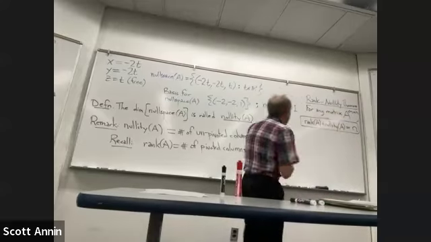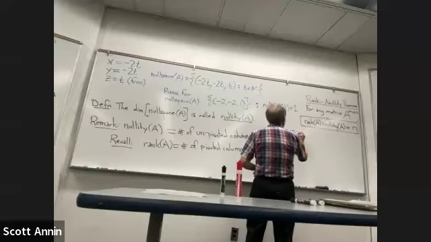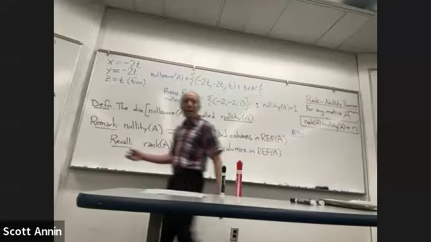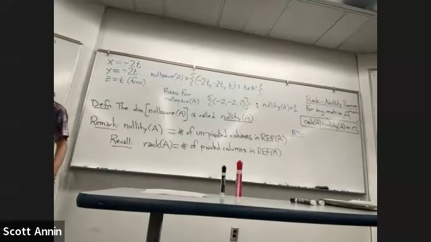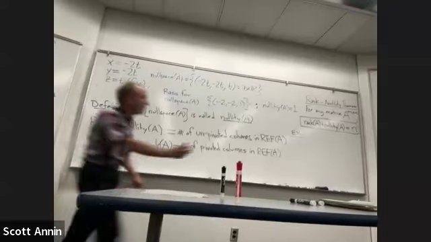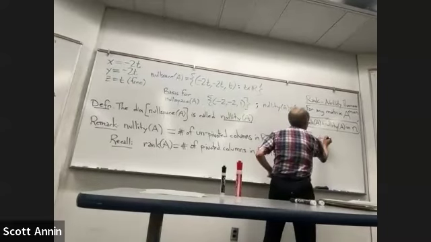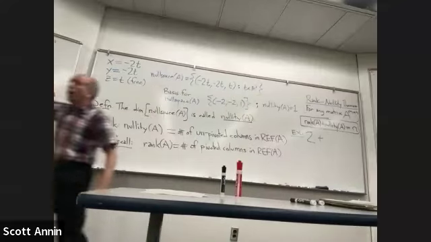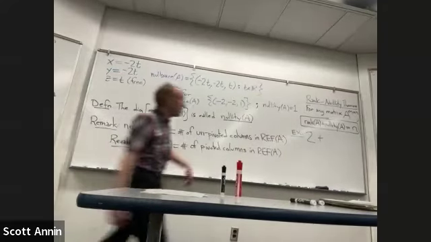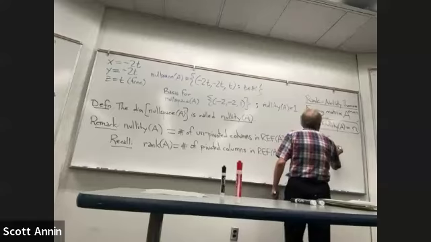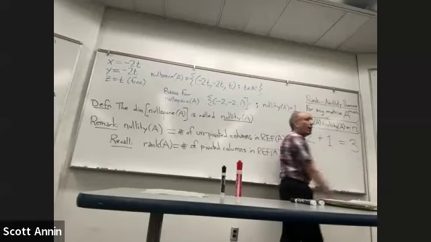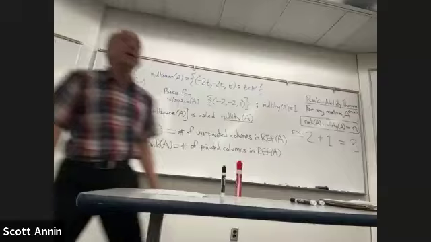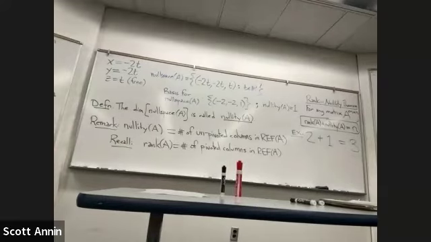If we go back to our example, we can see over here that there are two pivots. And there is one unpivoted column, that's the free variable that we ended up with. And the total number of columns in the matrix, which is N, is 3, you see. So that's what we started with here.